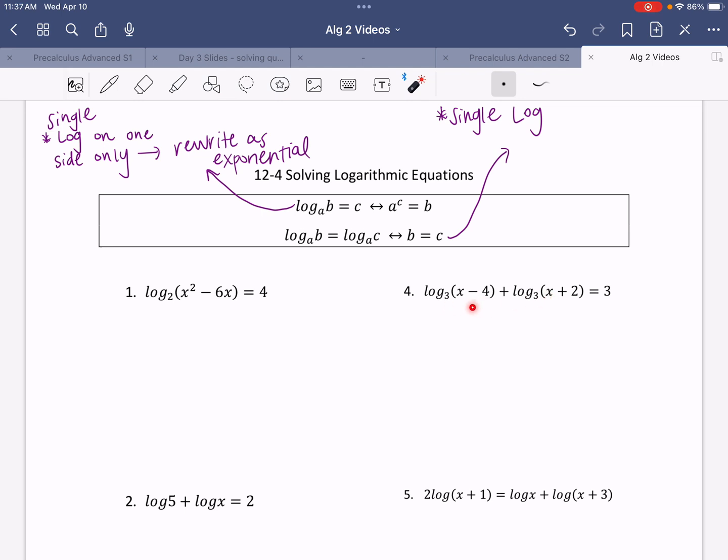If there are two logs on one side, we're going to have to talk about what property we could use to combine these into one logarithm. So let me go back to what I was saying. Single log on both sides means set the arguments equal to each other.